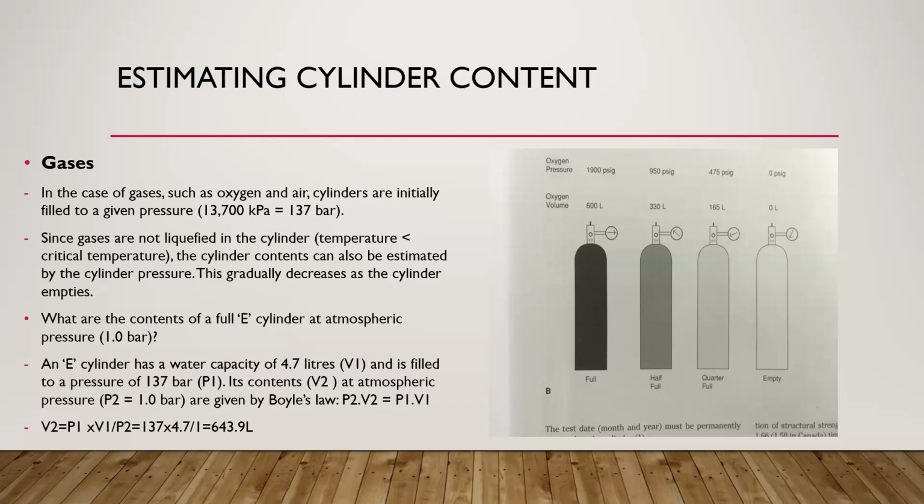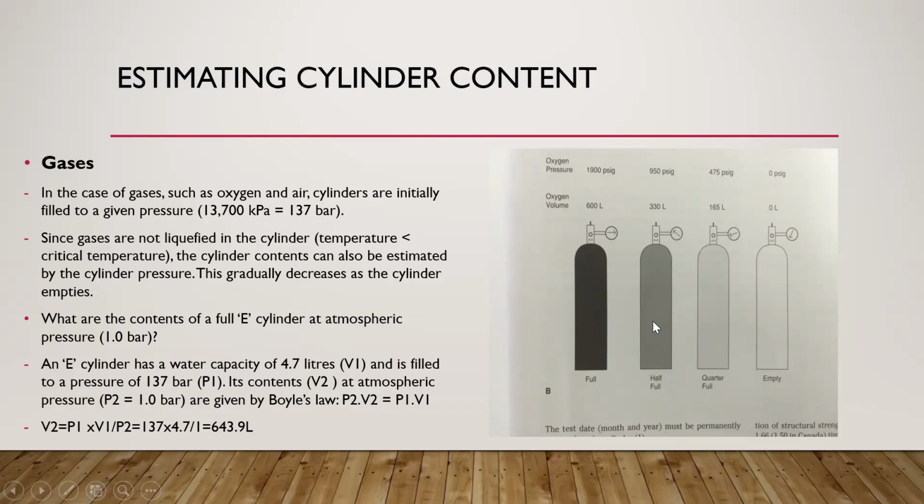The cylinder content can be estimated by looking at the pressure of the cylinder. This gradually decreases as the content of the cylinder decreases. For instance, the first one here, the cylinder is full, and you can see the volume and the pressure.